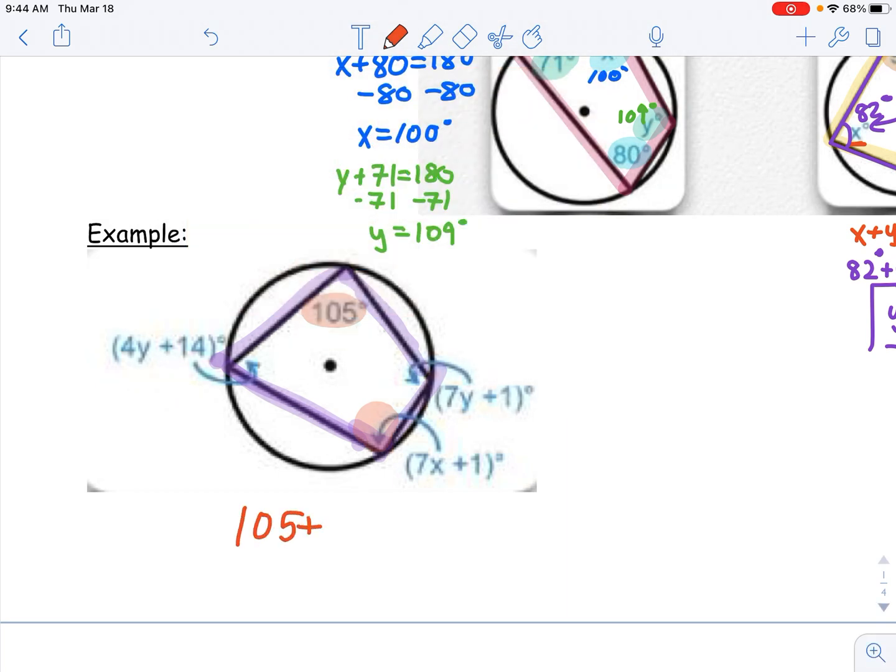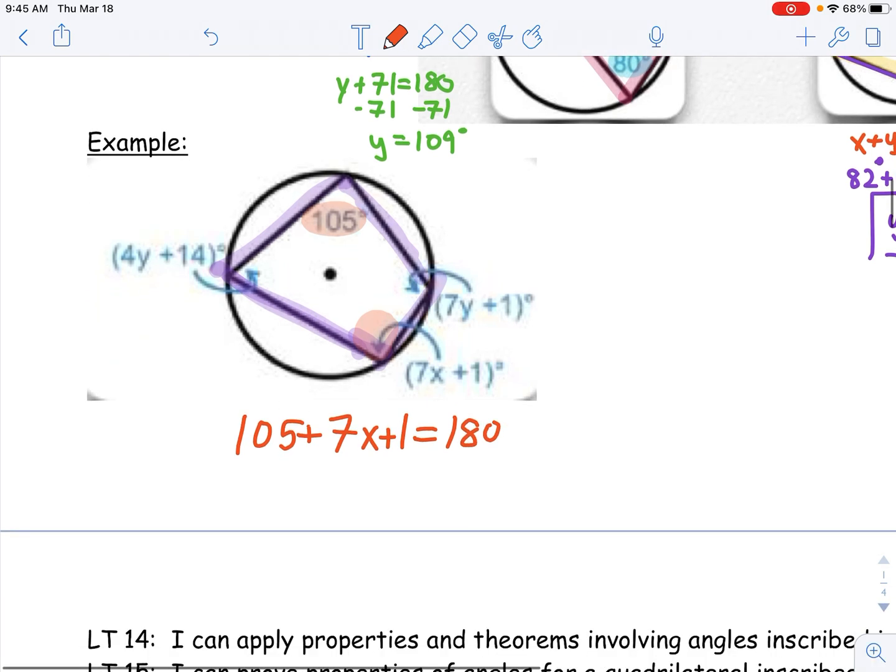We've got 105 and 7x plus 1. They're in fact supplementary, and we only have one variable, so we can solve for x. Remember, the first thing we always want to do is combine like terms, CLT.